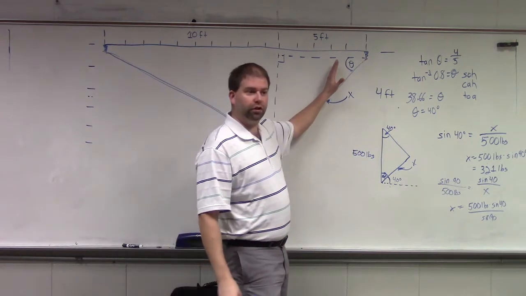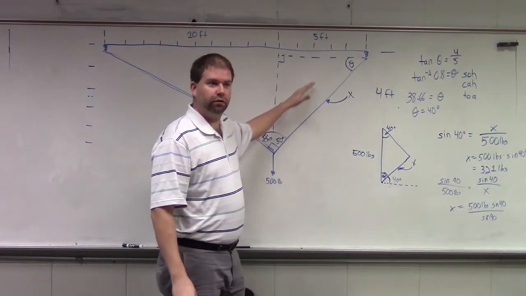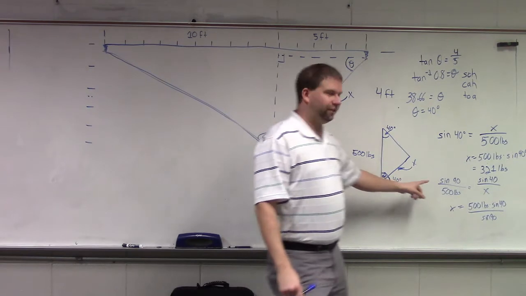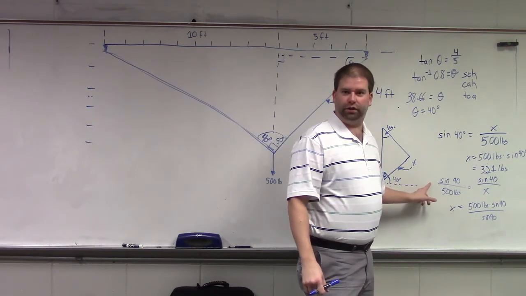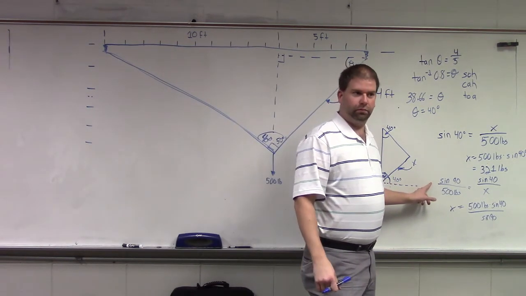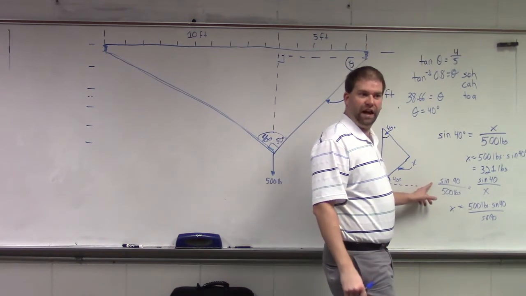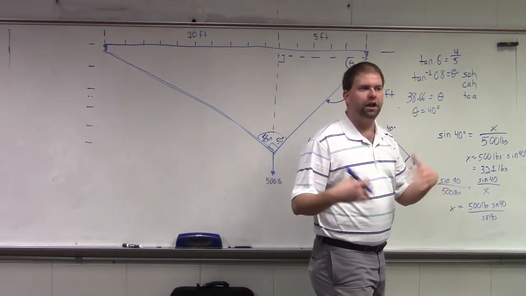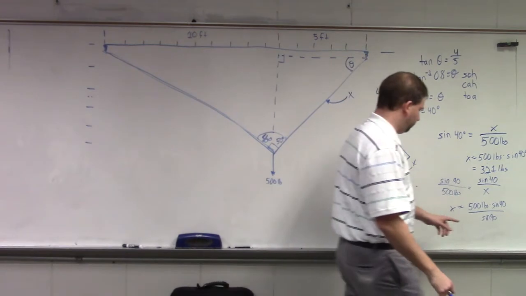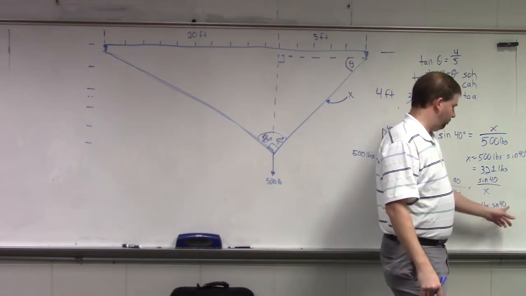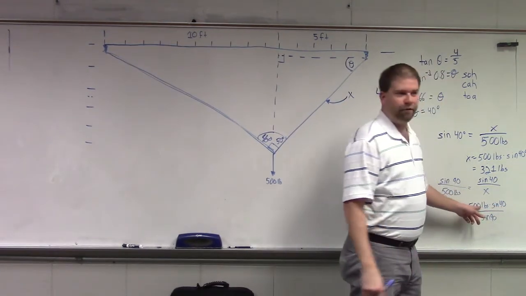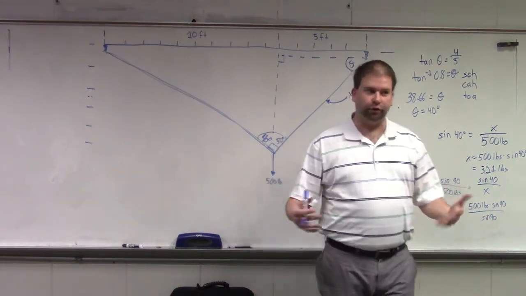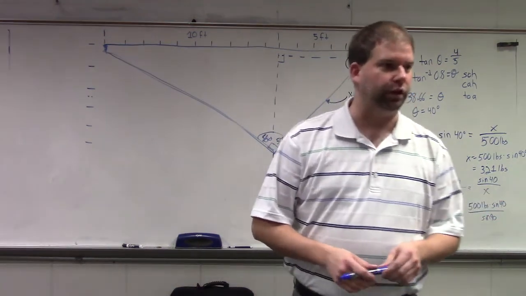Because your angles will always be in degrees, and the sine of an angle is a unitless measurement. The sine, cosine or tangent of an angle is unitless. So we only have pounds; your units of force are always pounds. That's a good question, Justin.